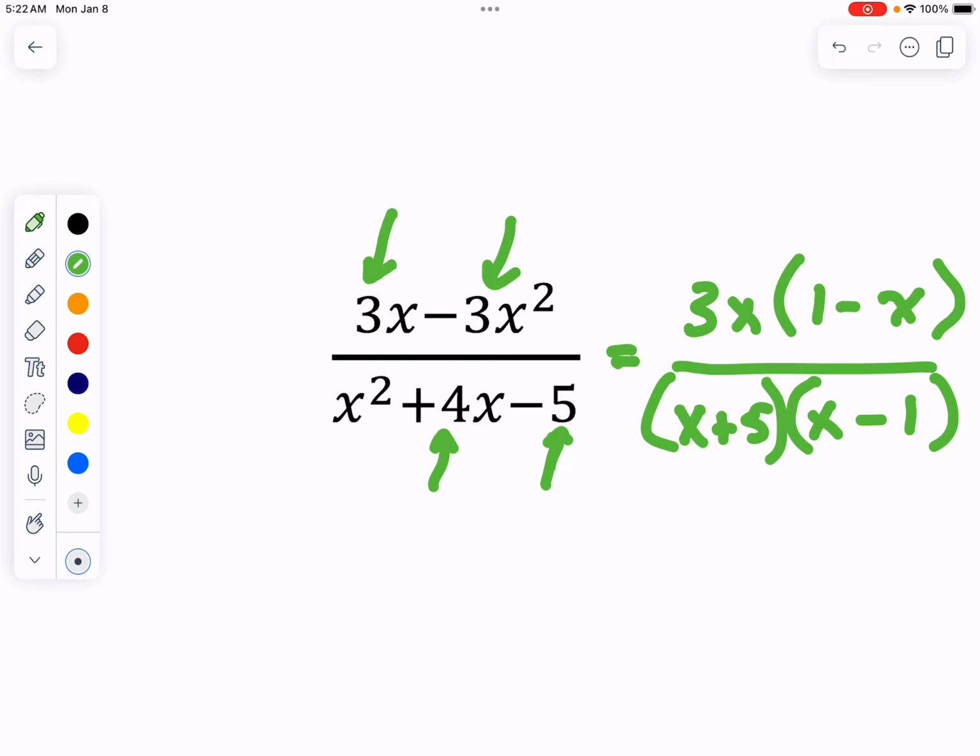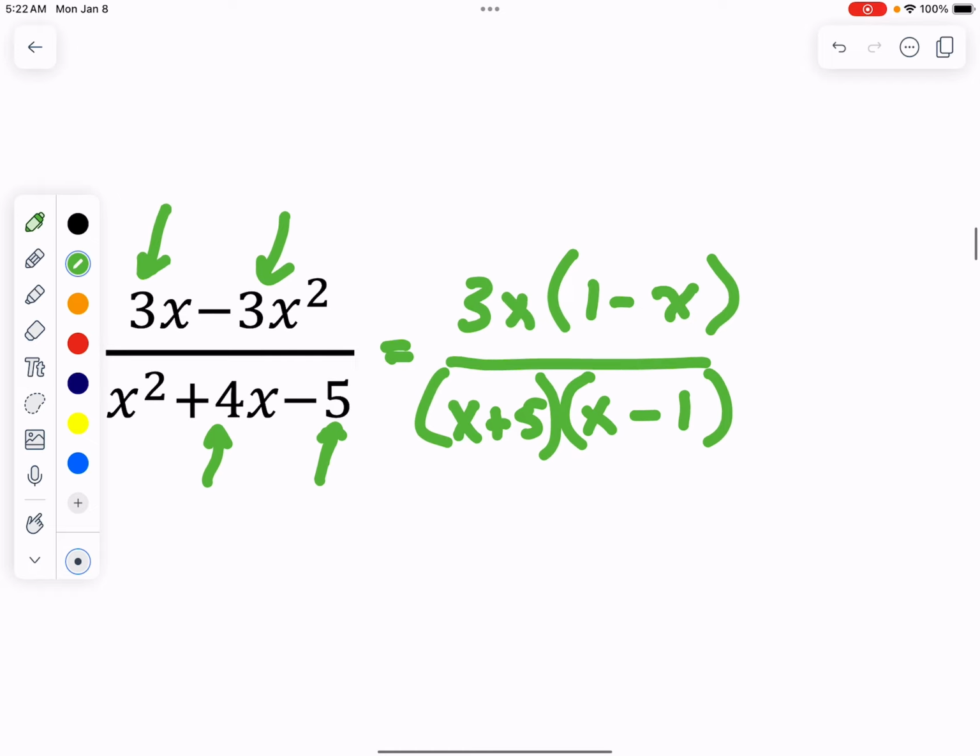The way it's written, there is no common factor here. But in the numerator, you can rearrange the 1 minus x to x minus 1 if you divide out a negative.